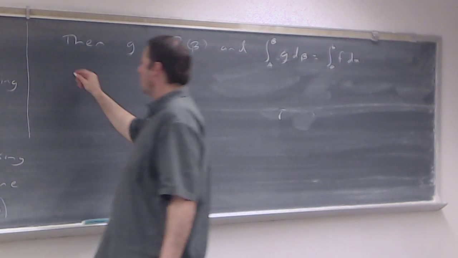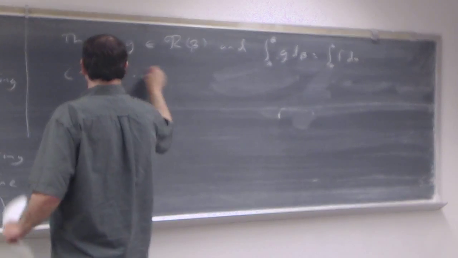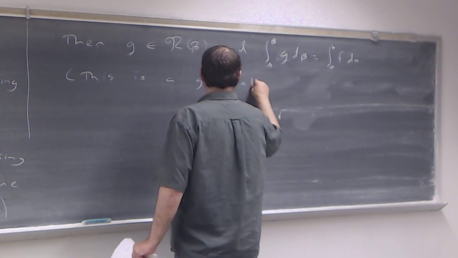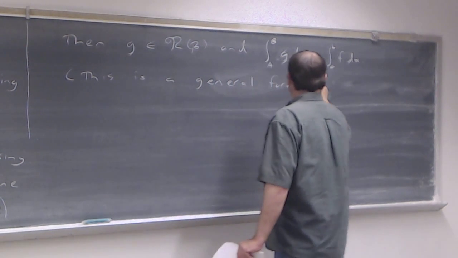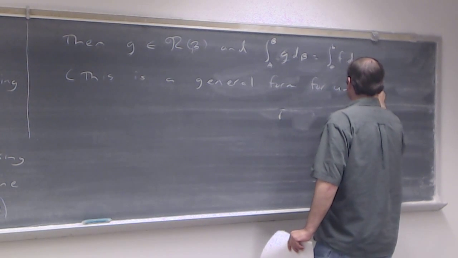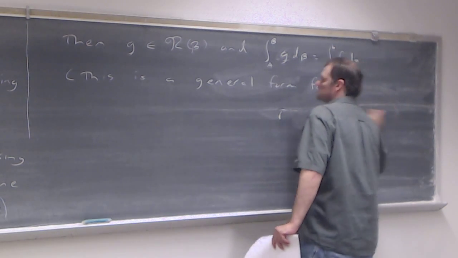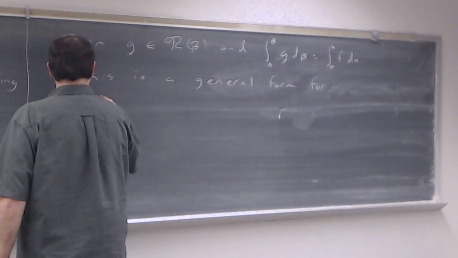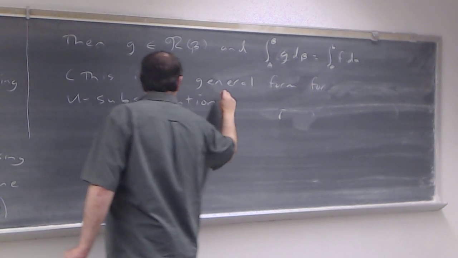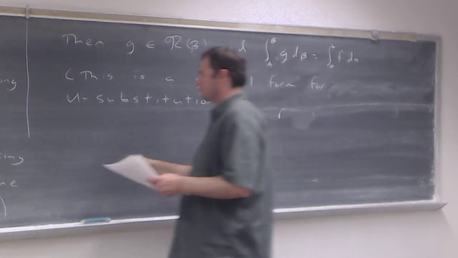And as I said, it's called the change of variable formula or theorem, but this is a general form for what we call in calculus U-substitution. Well, let's look at the proof.